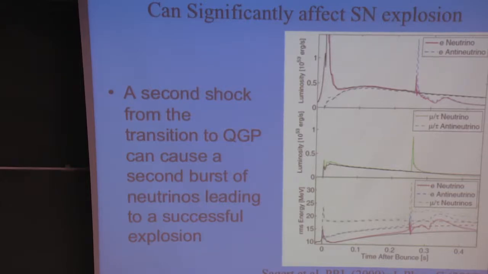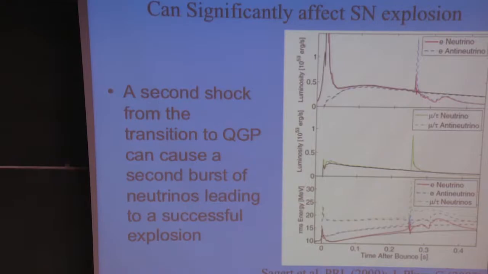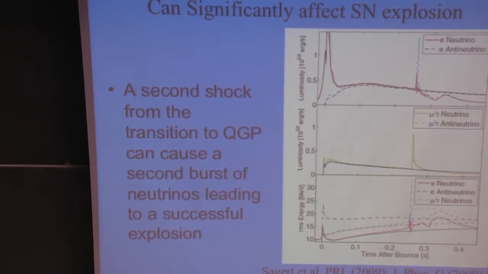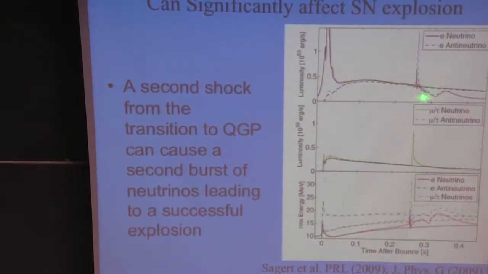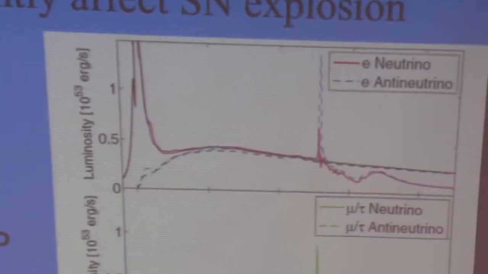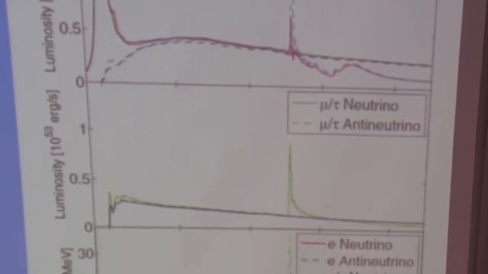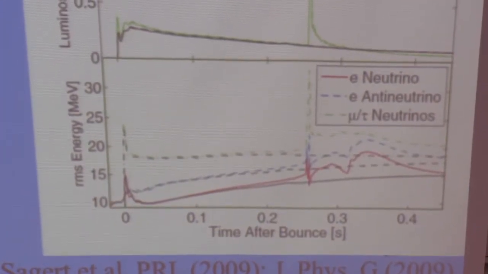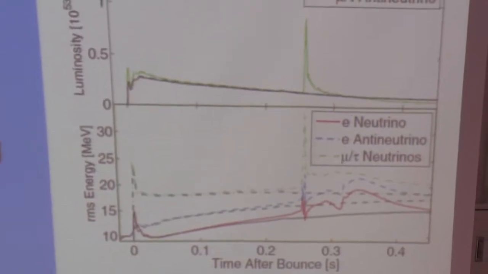That was redone just a few years ago by Sargert and others at the Max Planck Institute. And when you treat the time scale for neutrinos to go through the star as this happening, it turns out you get two shocks that are separated by about a couple hundred milliseconds, which is exactly the time scale that you want to rejuvenate the supernova shock.